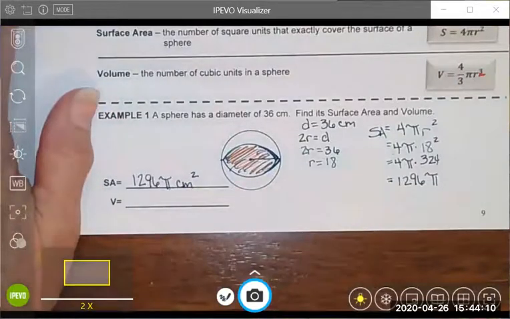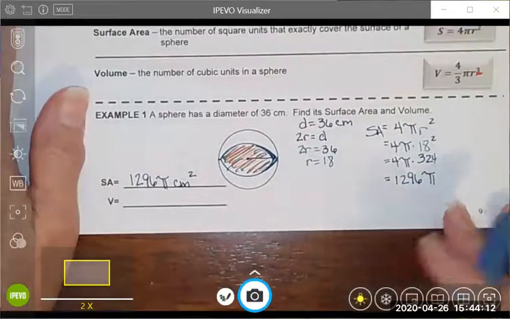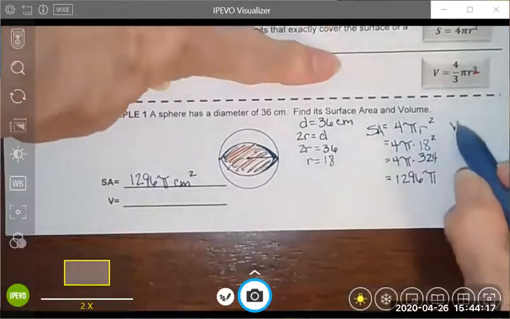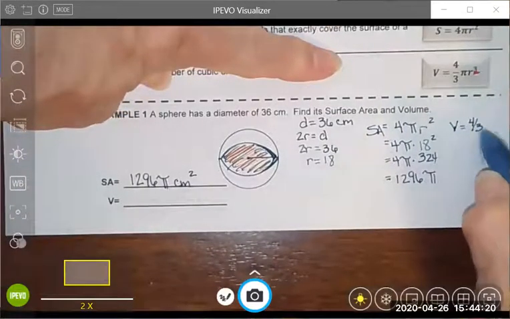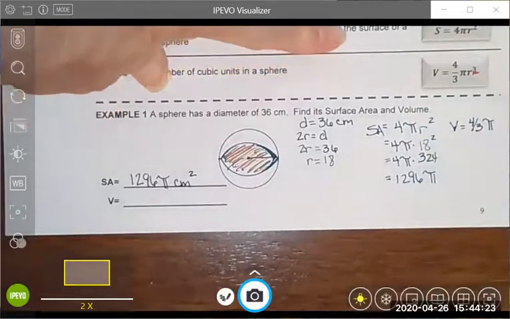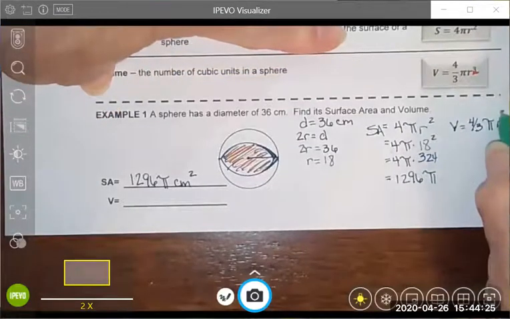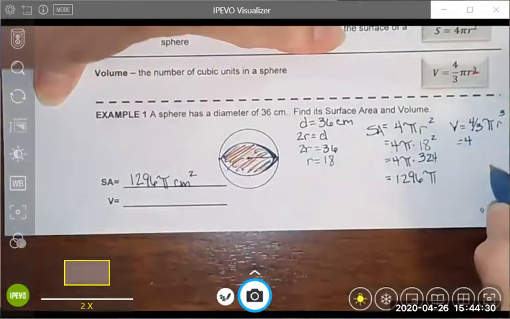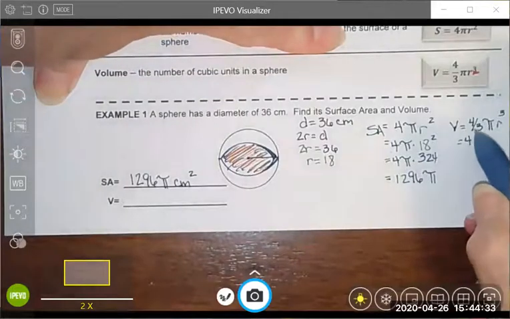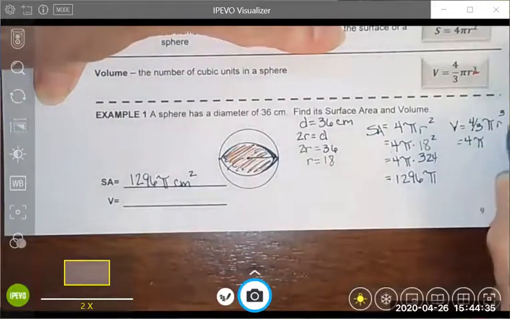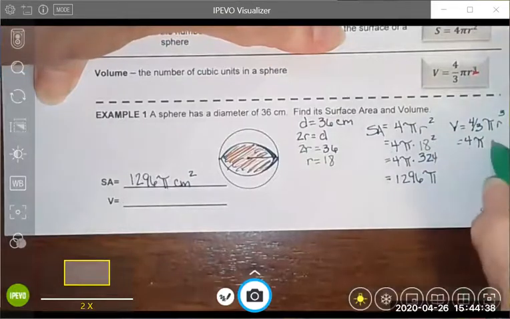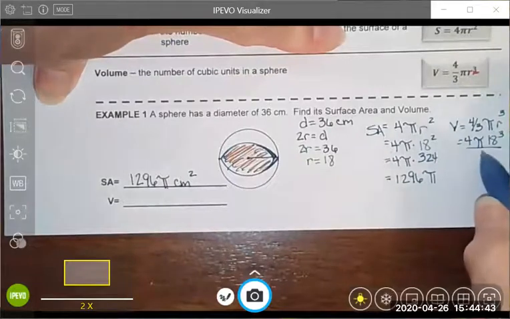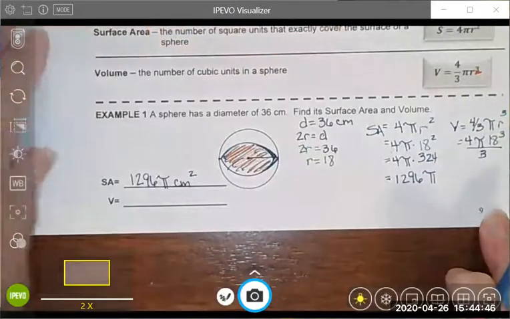To find my volume, I'm going to use the other formula that we were given. Volume is equal to 4/3 pi times my radius cubed. And I'm going to be careful with that. Sometimes it's convenient when solving problems like this to keep the 4 in the numerator with my other terms. I'm going to do 18 cubed. I'm going to put this 3 as a denominator under everything.